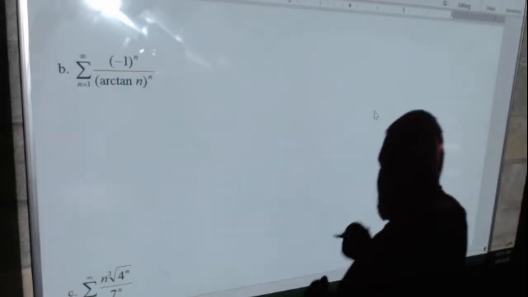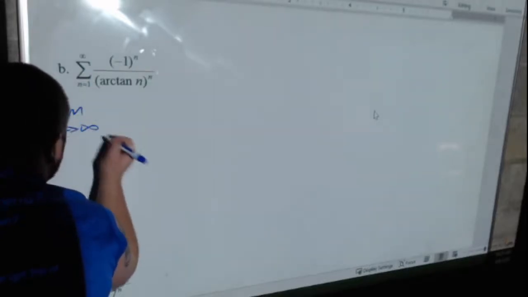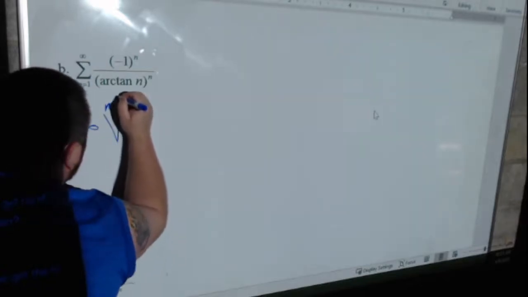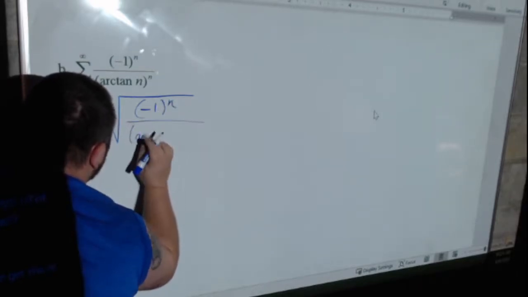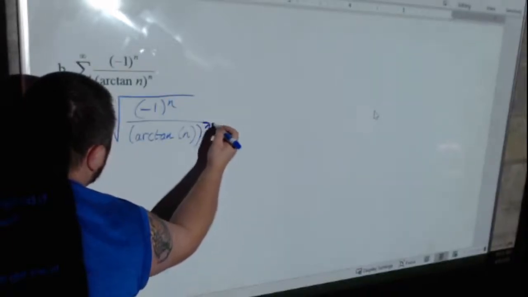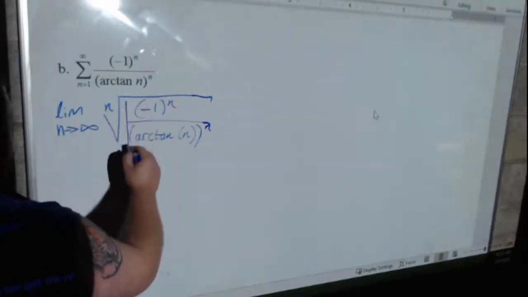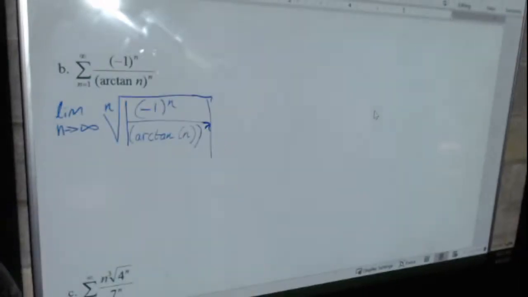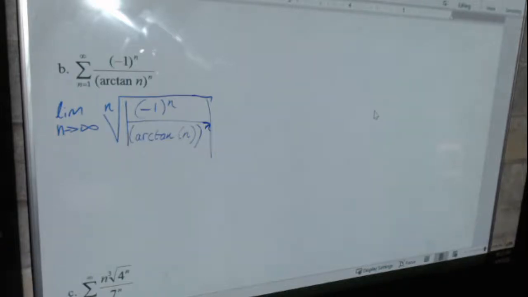All right. So once again, I want limit n approaches infinity, nth root, plug in a sub n, and then we need the absolute value of this. So the absolute value here is going to make this -1 to the n back into a 1.